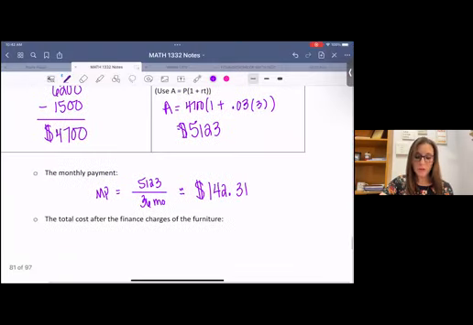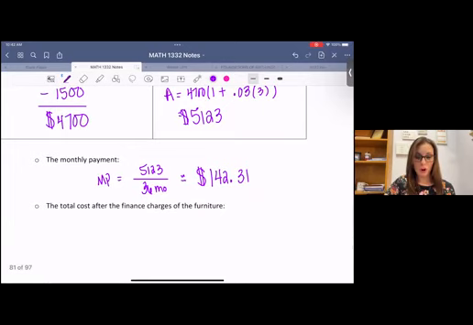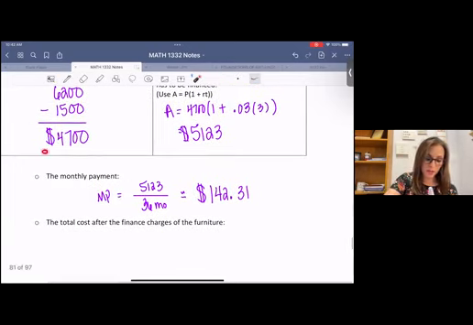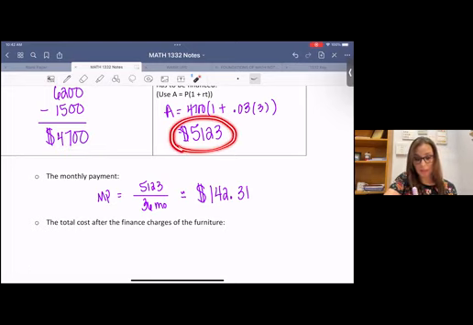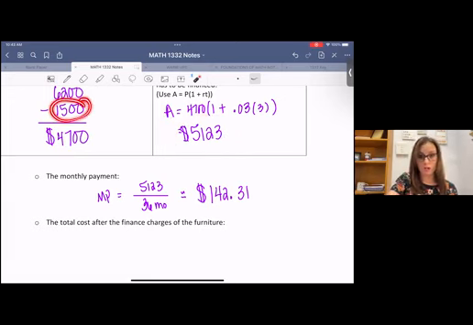The total cost after the finance charges on the furniture, now I mentioned earlier that we know she financed this with interest, ended up being that, but that's not all she paid for the furniture. She did put $1,500 down.